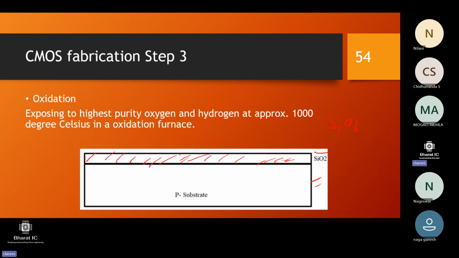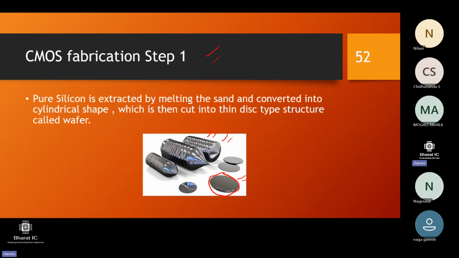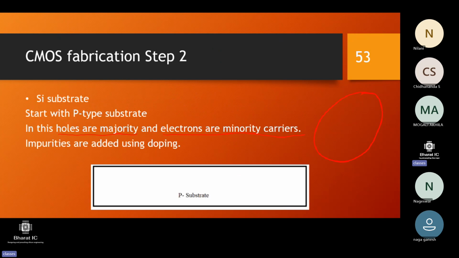You have to explain to the interviewer how these steps work. No one will ask you how the silicon crystals are made in detail. You just have to tell that the silicon is melted, and after melting, the crystal is drawn. Those crystals are cut into thin wafers using blades. Then these wafers are taken, in which the substrate is made using doping, where the p-type substrate has holes as majority and electrons as minority carriers, in which impurities are added using the doping process.